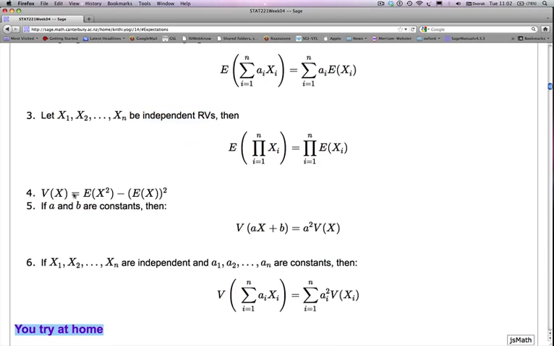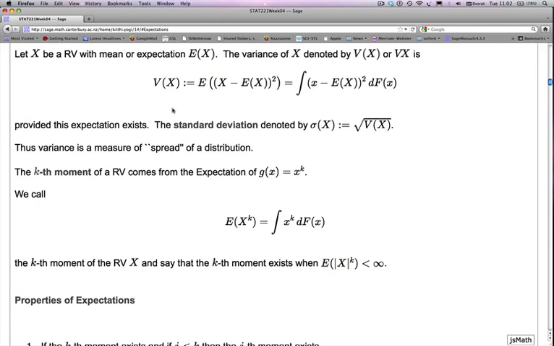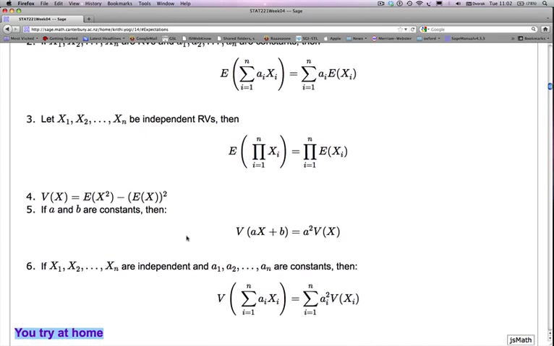Now, the variance of x was defined above. So if you look here, we define it as the expectation of x minus the expectation of x, the whole squared, but it can be simplified and you get the variance of x as the expectation of x squared minus the expectation of x, the whole squared. That simply comes from completing the square.